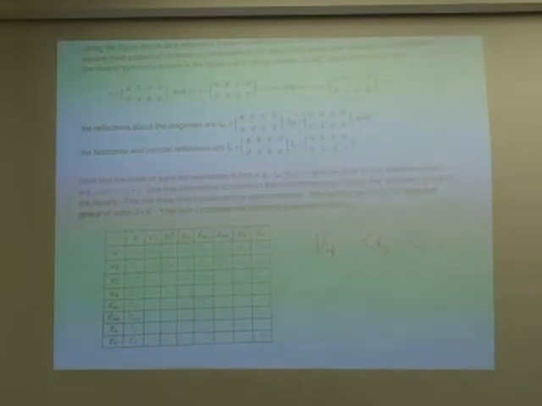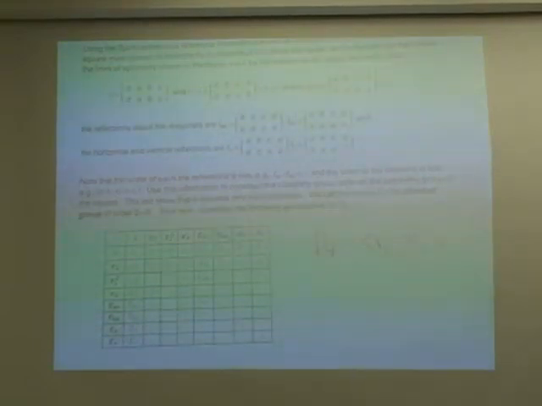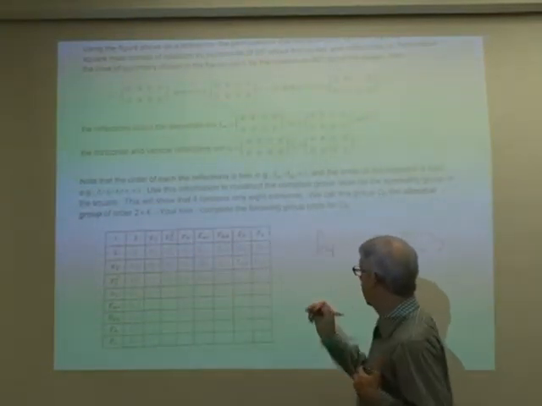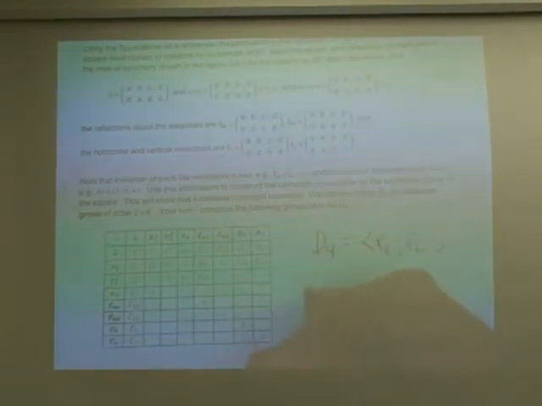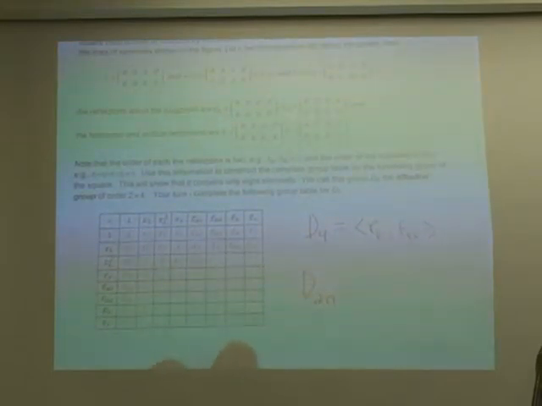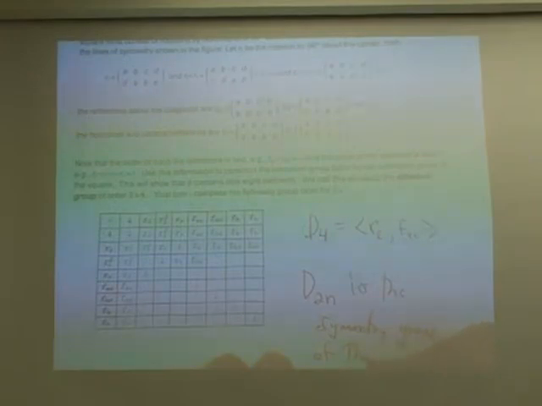Just by computing, and you can either use the cycle representations of these or this matrix representation of the things. But it turns out that in general, it's usually written this way: D2n is the symmetry group of the regular polygon, the regular n-gon.